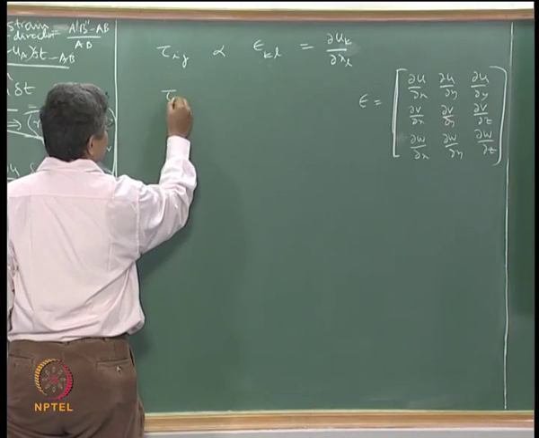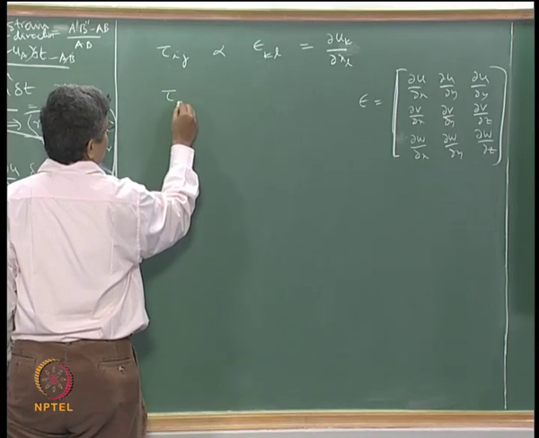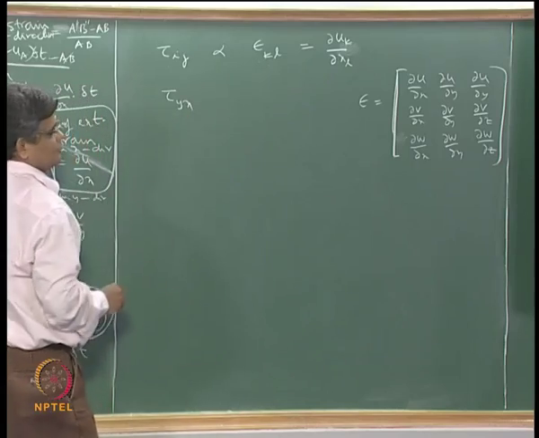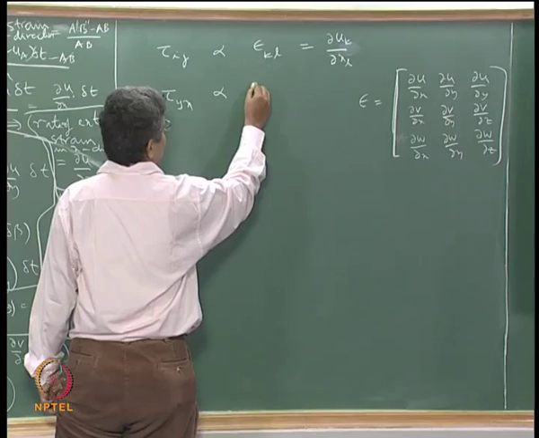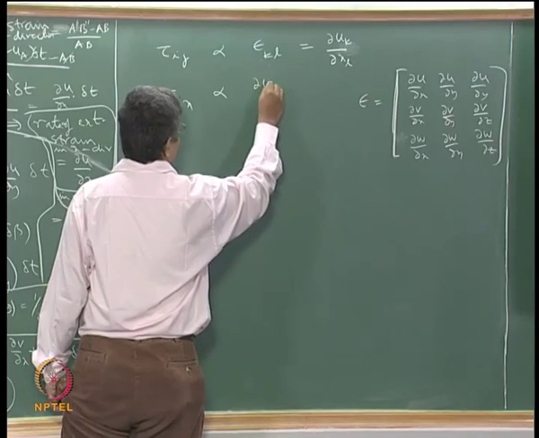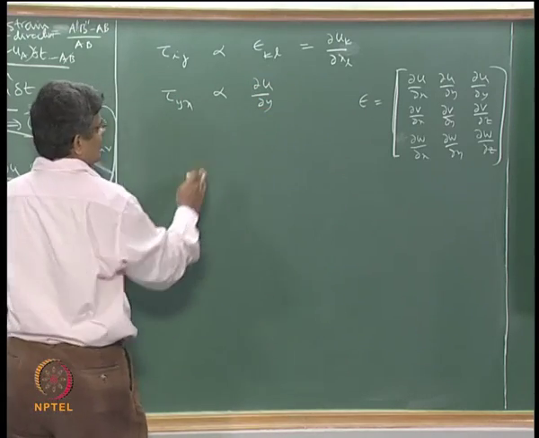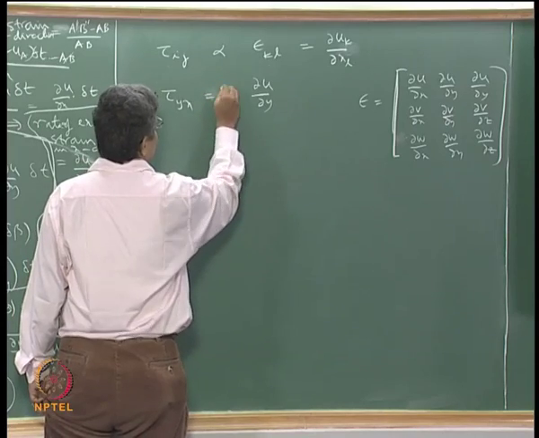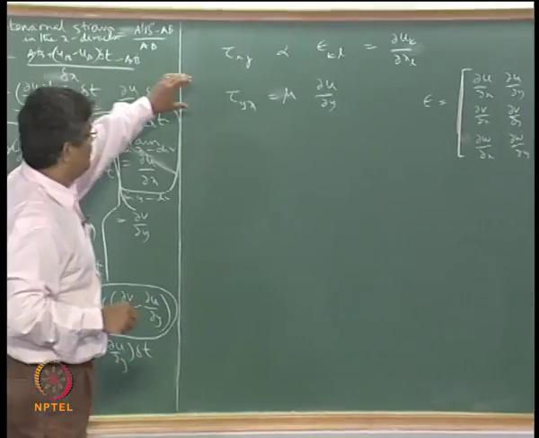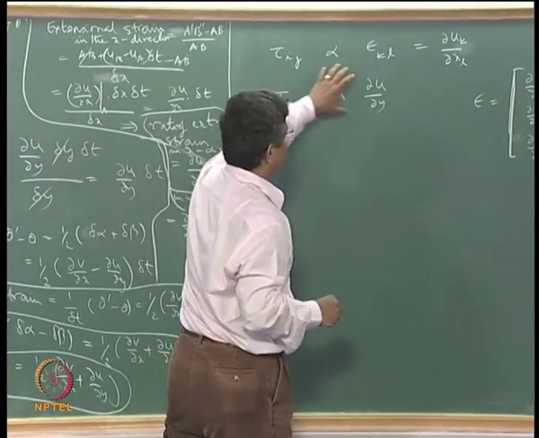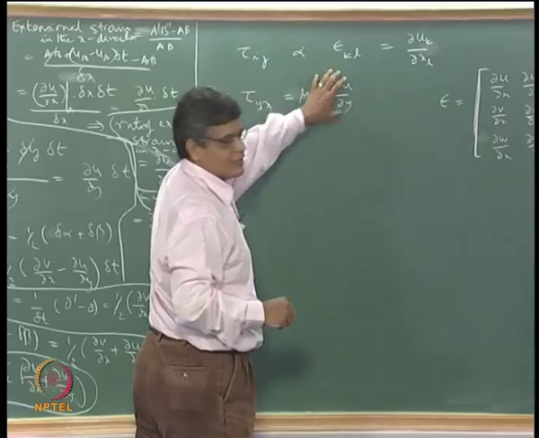If we are looking at a single component tau yx, and say that this is proportional to a single component like dou u by dou y, then you can say that this is equal to mu du by dy. This is the case where you have a single non-zero shear stress and a single non-zero velocity gradient.